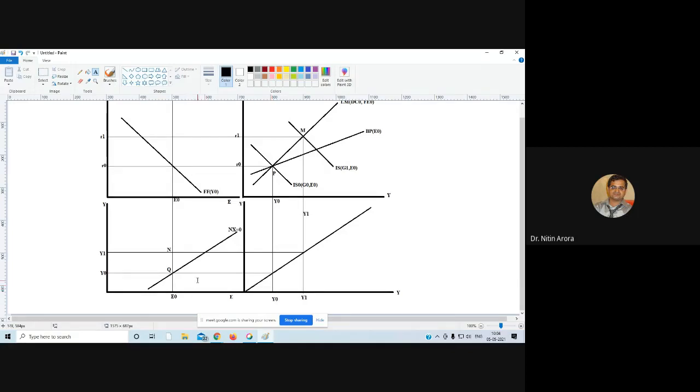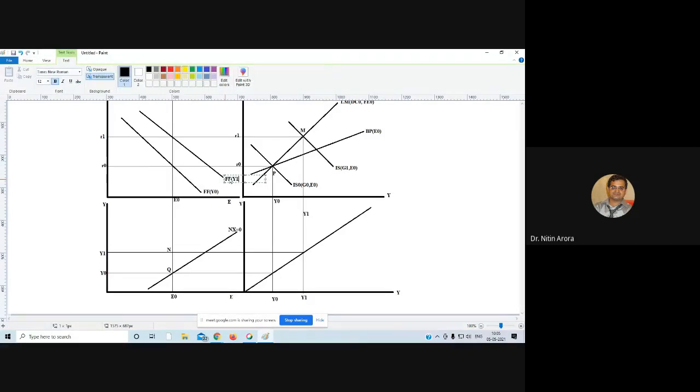Due to the increase in import demand, net exports have fallen, means the current account has deteriorated. We are at point N in temporary equilibrium, and obviously, since the exchange rate is fixed, the new rate of interest is R1. I will be drawing the foreign flow curve at this point. Okay, this is my FF Y1 line. Okay, FF Y1 line.